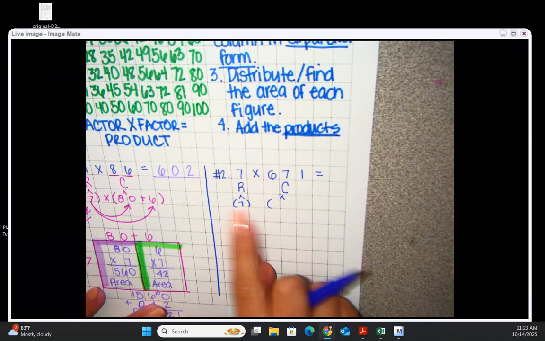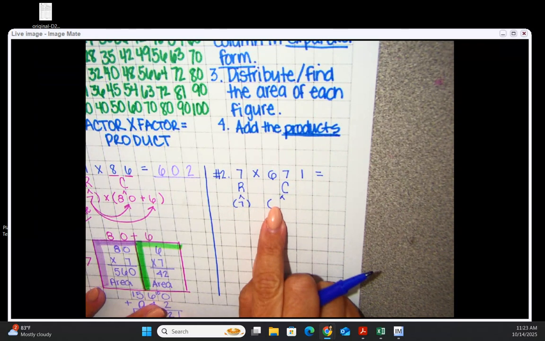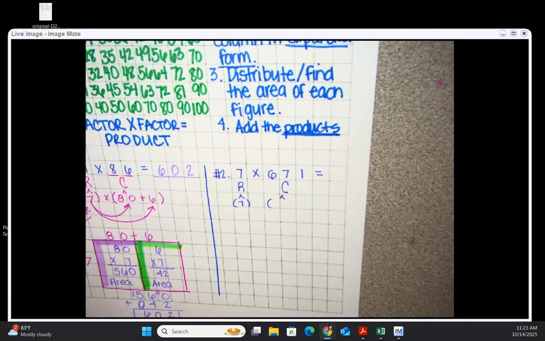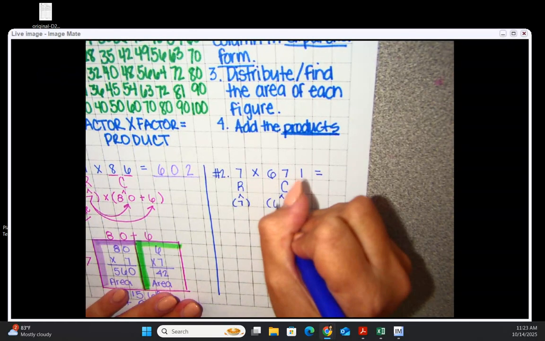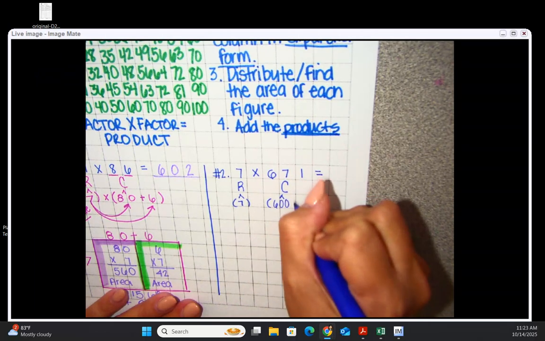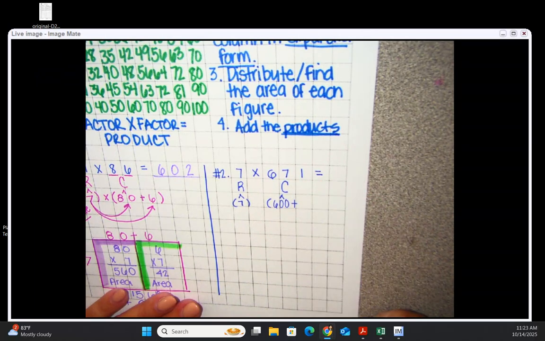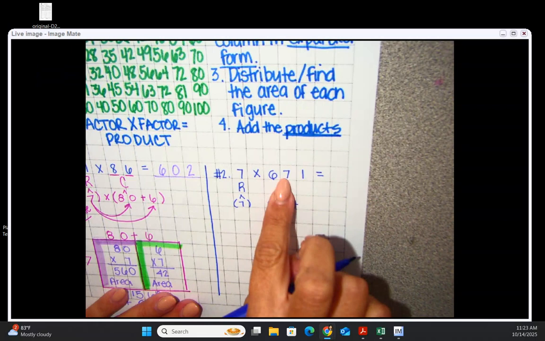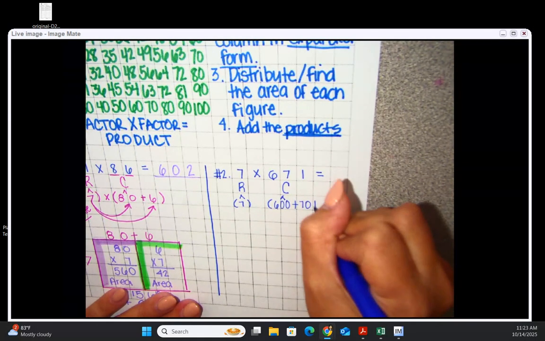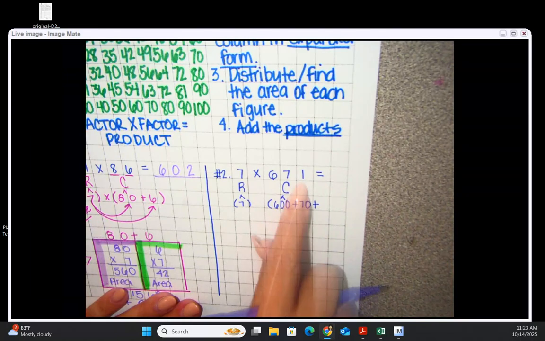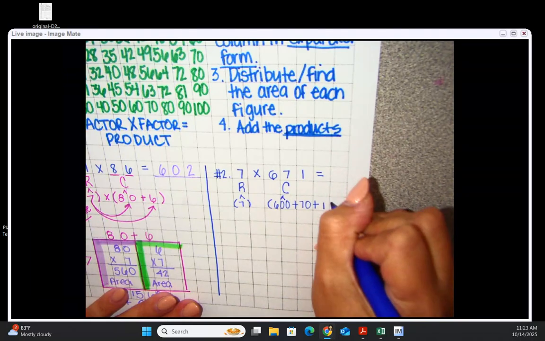600. Now, the reason that I put these parentheses, guys, is I'm separating the problem. So now this is telling me this is a new problem. 600 plus 70, the value of the 7 is 70, plus the value of the 1 is 1.